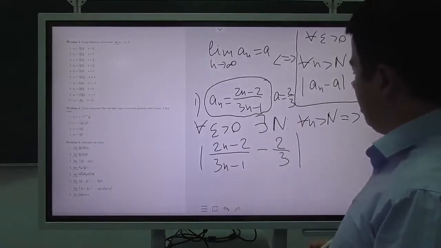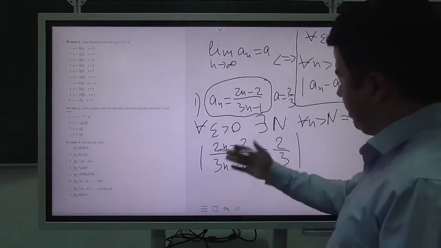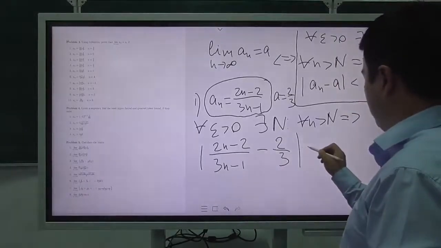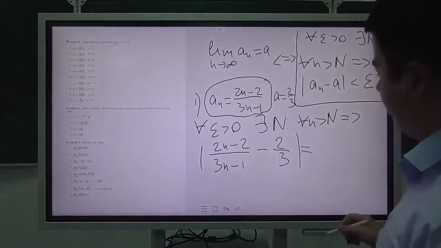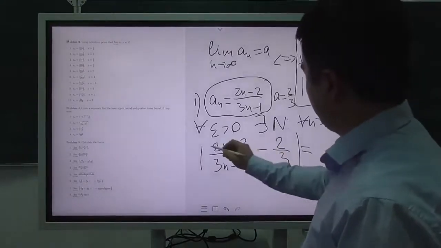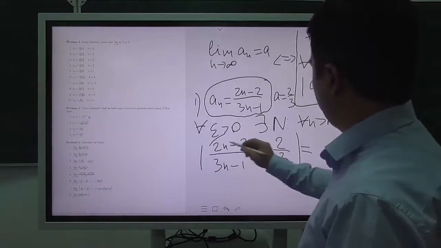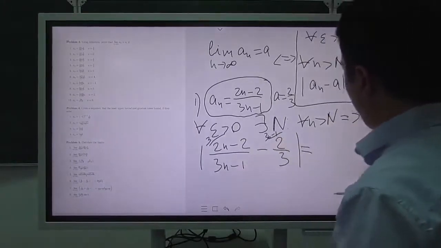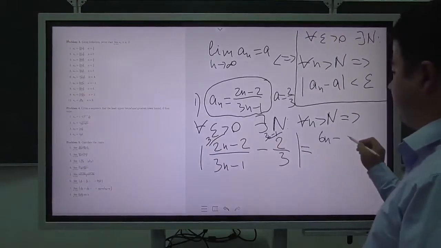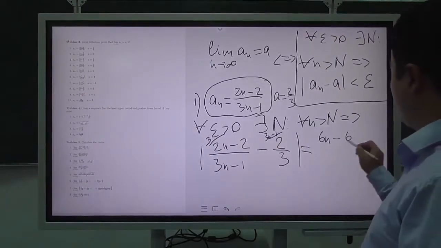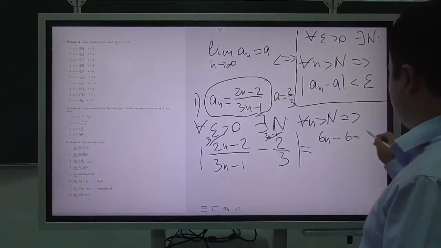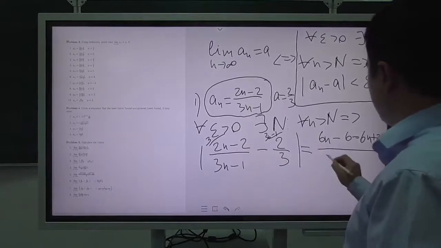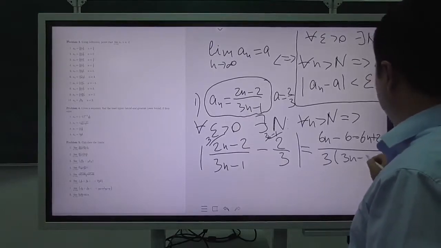Now let's continue this difference. What do we have here? Doing common denominators, here 3, here 3n minus 1, we get 6n minus 6 minus 6n plus 2, over 3 times 3n minus 1.